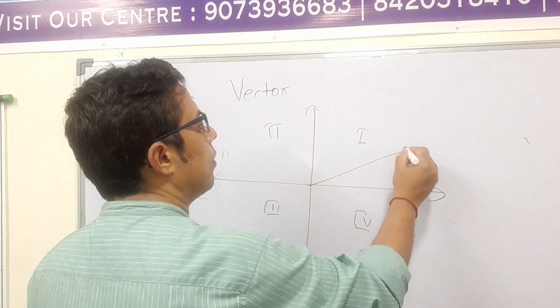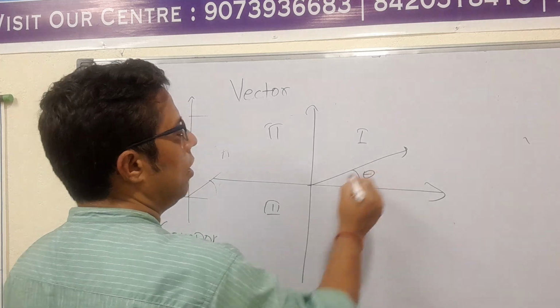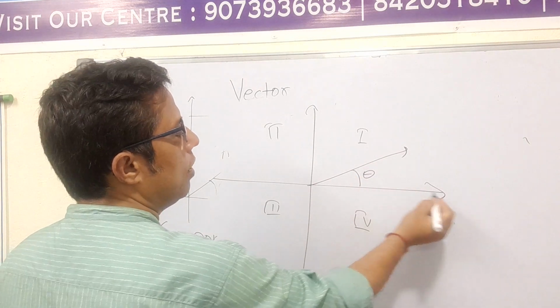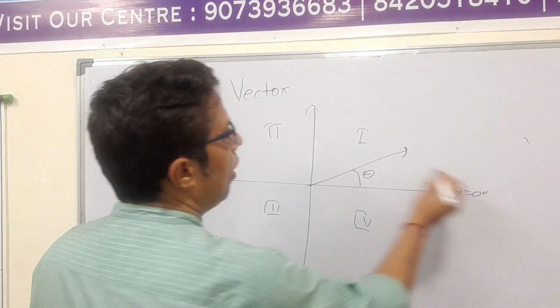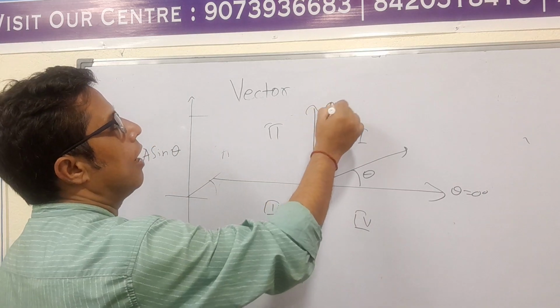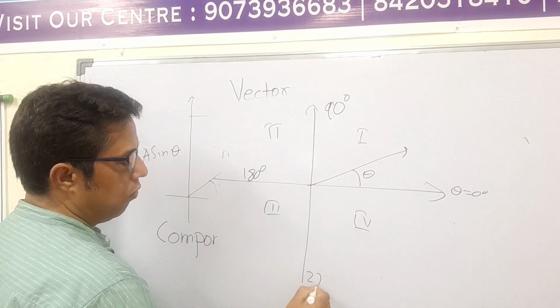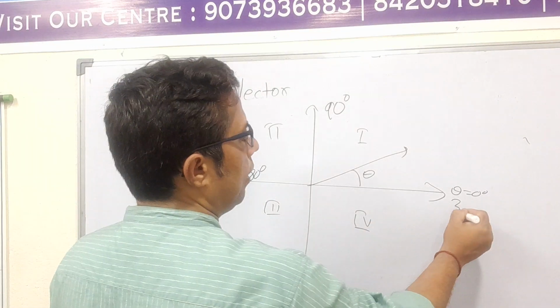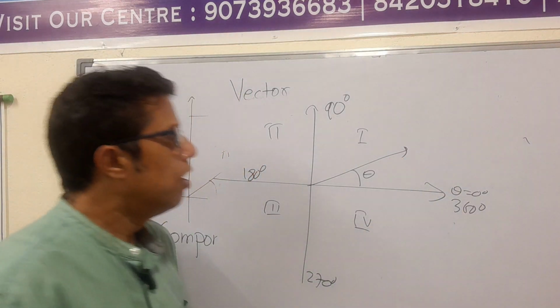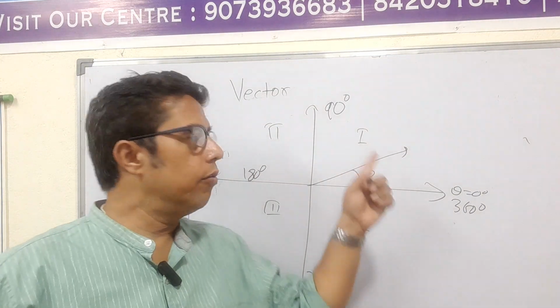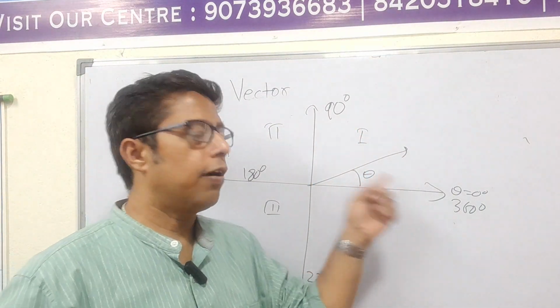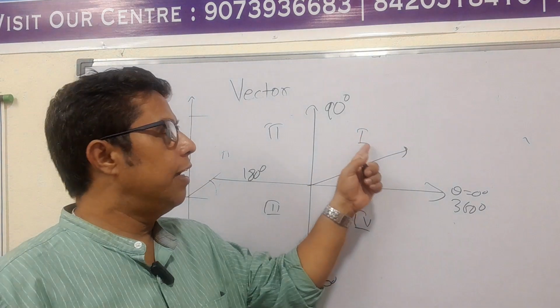So let's say this vector has the angle theta. Here theta is 0 degree, here theta is 90 degree, here it is 180 degree, this is 270 degree, and this is again 360 degree. So in the first quadrant, all the trigonometric functions, sine, cos, tan theta, are positive.